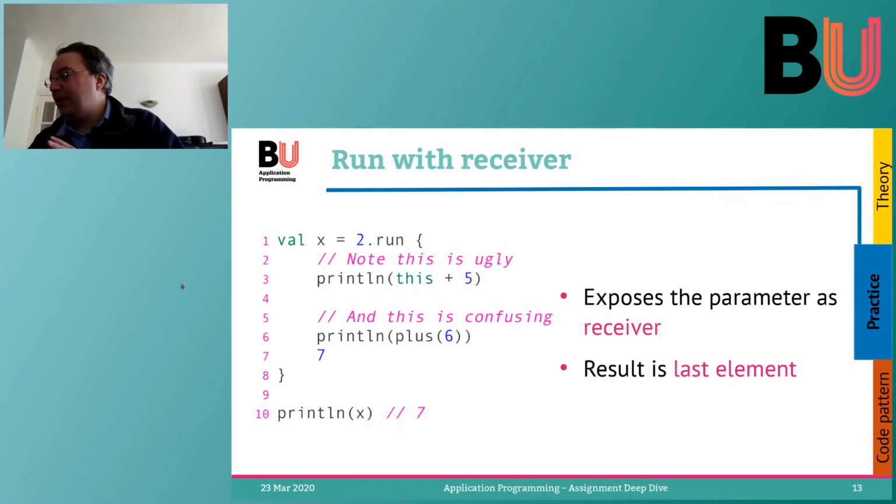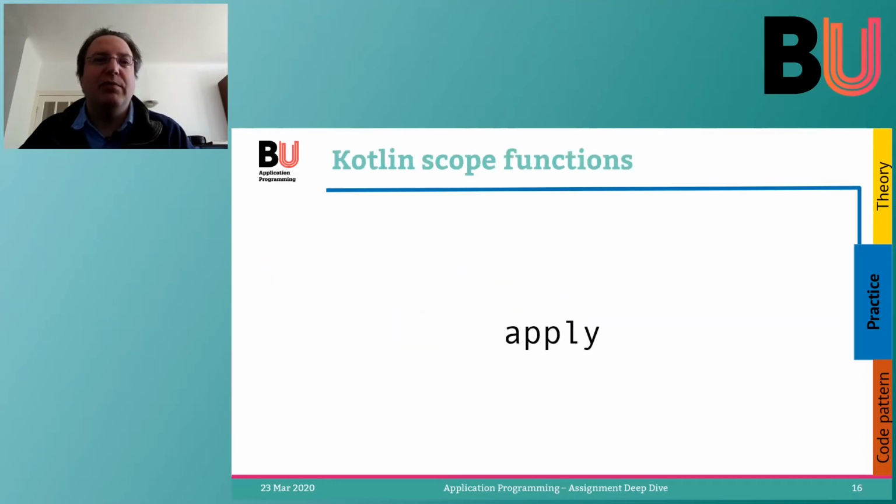The return value of a run block is whatever is the value of the last statement, the last element in the block. And if that's not a regular block, that would be unit, or nothing if it's a return statement or a throw statement. There is another function that is very common here, which is called apply.